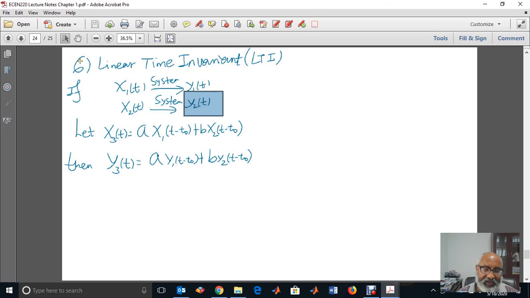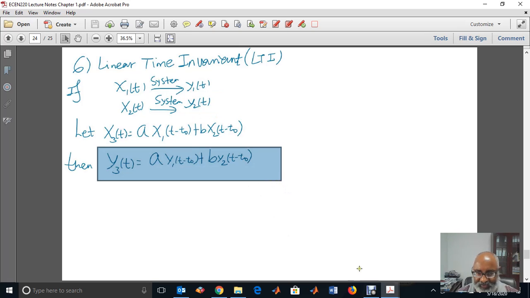If this condition is satisfied, then we call the system linear time invariant, both linear and time invariant. Okay, so these are the steps to prove the linear time invariance property, the LTI property.